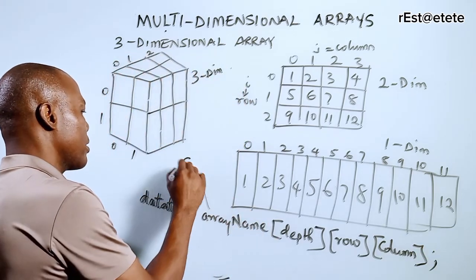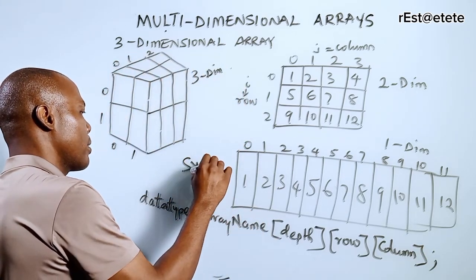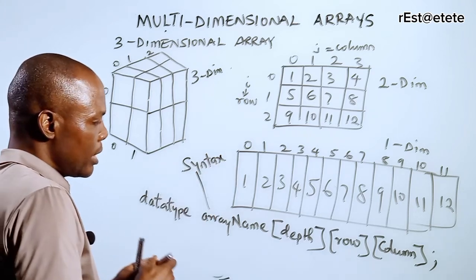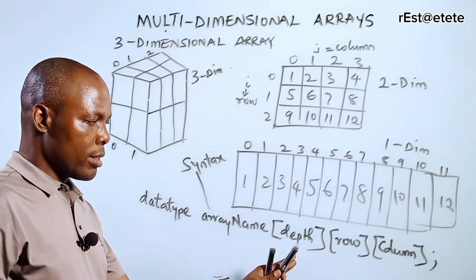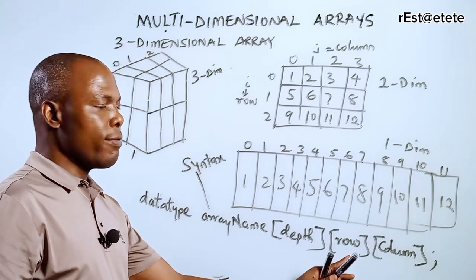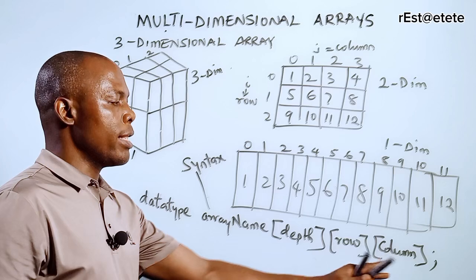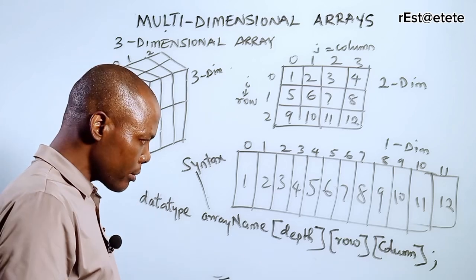So this is the syntax for a three-dimensional array. You have the depth, which is the height. Then you have the row, which is like the length. And then you have the column, which is like the breadth.